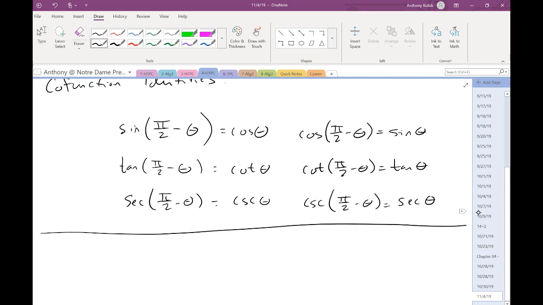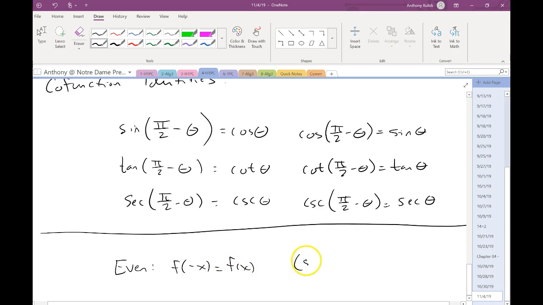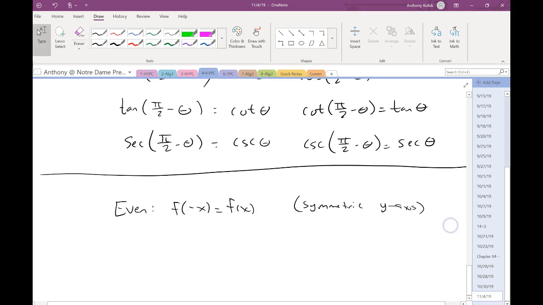So you guys remember from way back at the beginning of the semester we talked about odd and even functions? We said for even functions that f of negative x is equal to f of x. And we described these even functions as being symmetric about the y-axis.